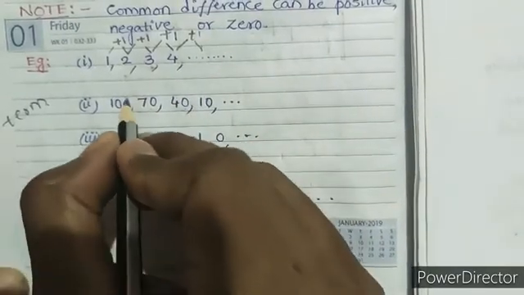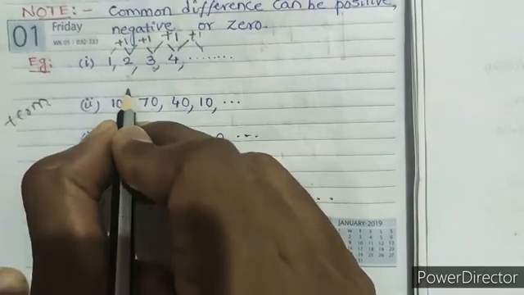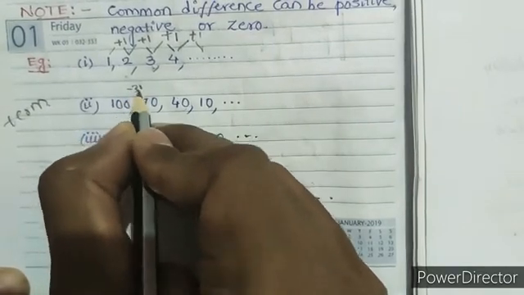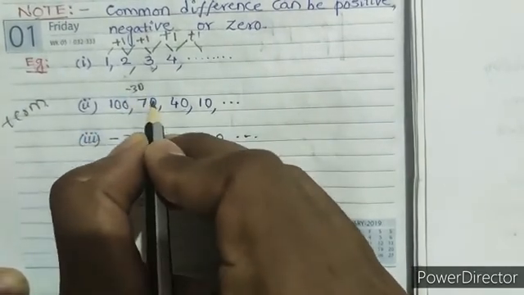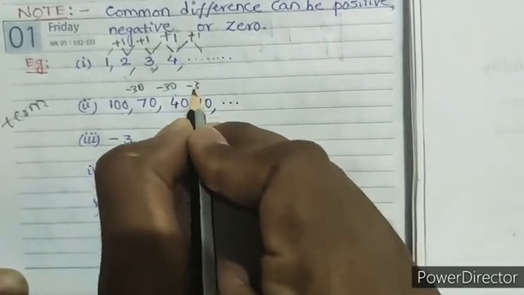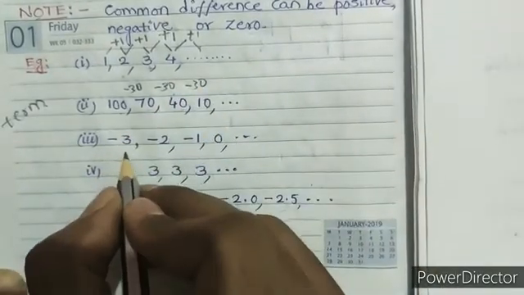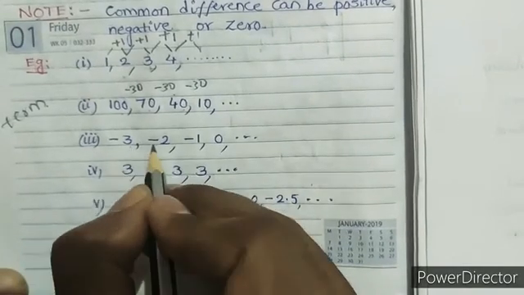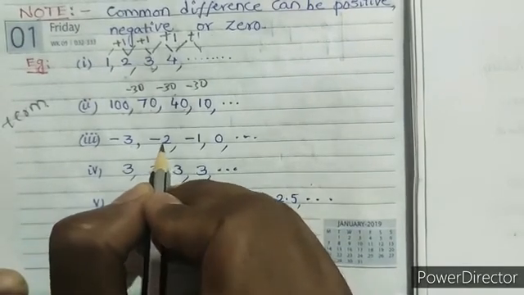Here also by subtracting 30, so 100 minus 30 will give 70, 70 minus 30 will give 40, 40 minus 30 will give 10. Likewise third one -3 and we are getting the next number as -2.